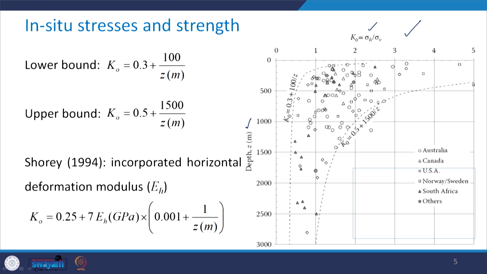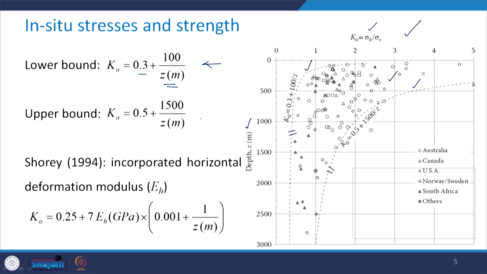This is the lower bound and this is the upper bound. These two dotted lines show the two bounds in which all the data points were found to lie. Here the equation for the lower bound is given by 0.3 plus 100 upon z, where z is in meter.